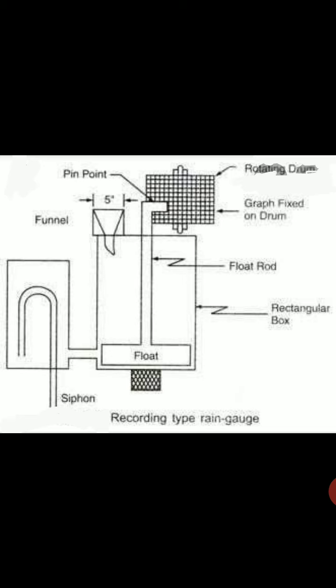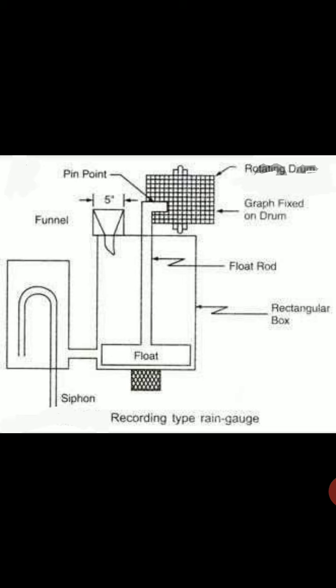Second point, the distance between the rain gauge and the nearest object should be at least twice the height of the object. In no case should it be nearer to the obstruction than 30 meter.